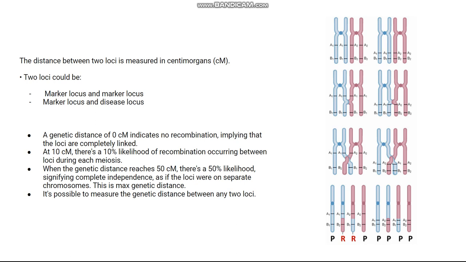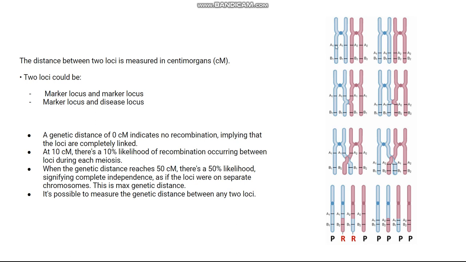You can also convert this to the physical map, because 1 centimorgan is around 1 million base pairs. However, this number varies quite a lot in different contexts, and I'm not going to go through it all here, but roughly, 1 centimorgan is approximately 1 million base pairs. Just remember that this does not apply to all cases.